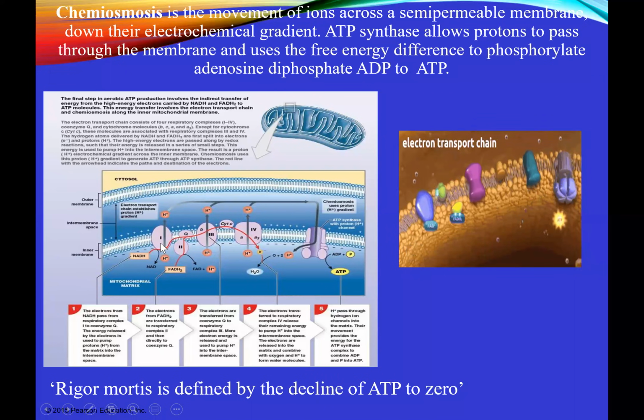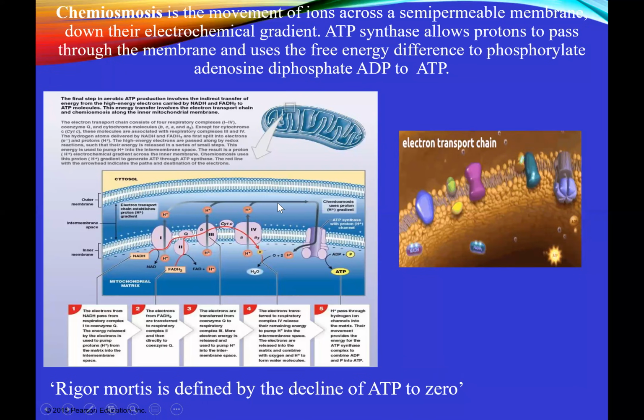The electrons are shuttled protein to protein, and when this shuttling happens, it will pump protons. The protons will be pumped into the intermembrane space, the space here. So the concentration of hydrogen is high here and it is low here.